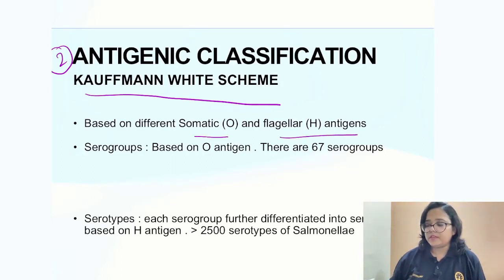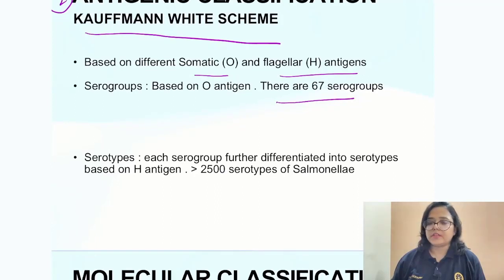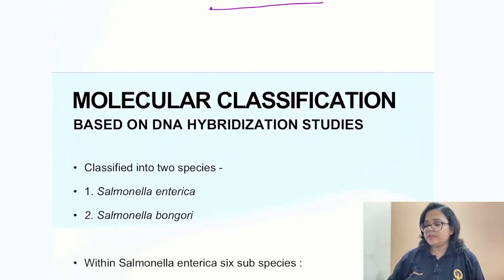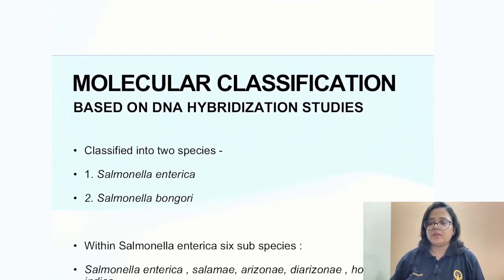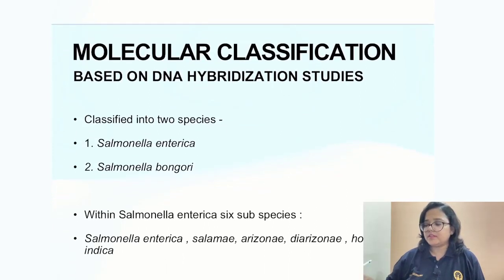Serogroups are based on the O antigen, there are 67 serogroups, and each serogroup is further differentiated into serotypes based on the flagellar H antigen, and there are more than 2500 serotypes of Salmonella.